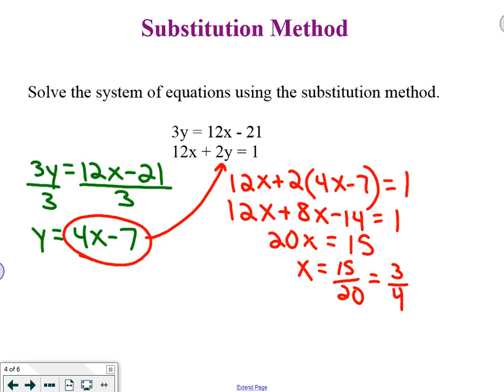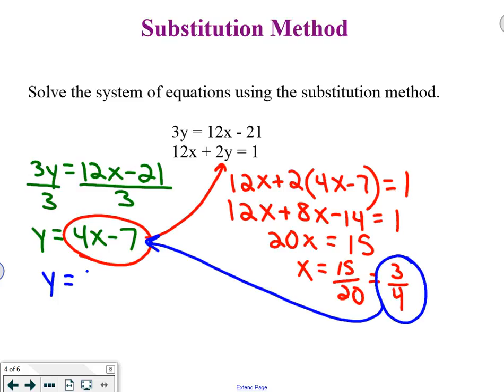Now that we have solved for x, we can find the y value. Take what x equals and substitute it into one of the original equations for y, or excuse me, for x to solve for y, or better yet, substitute it into the equation that you already have solved for y. This will be the easiest thing.